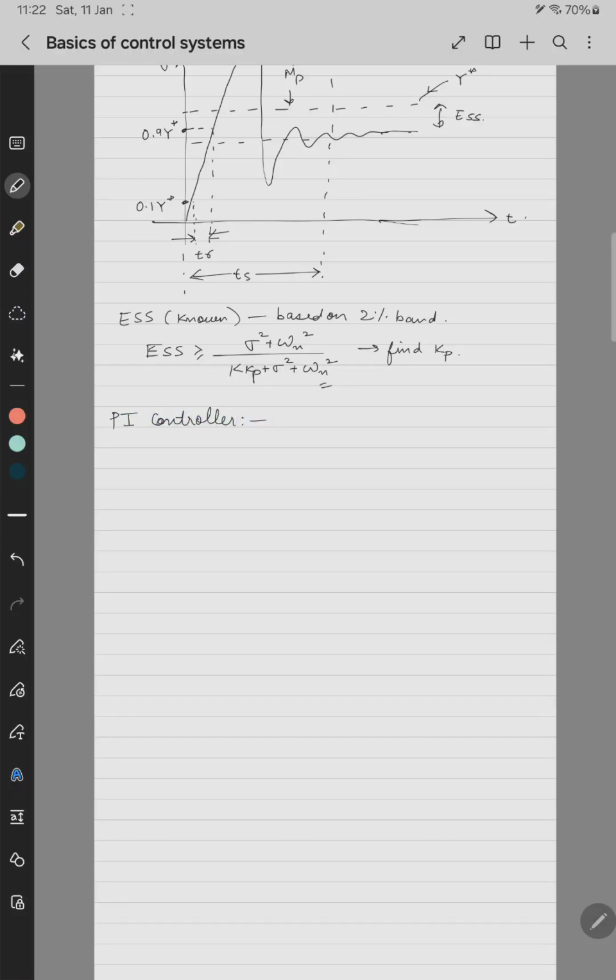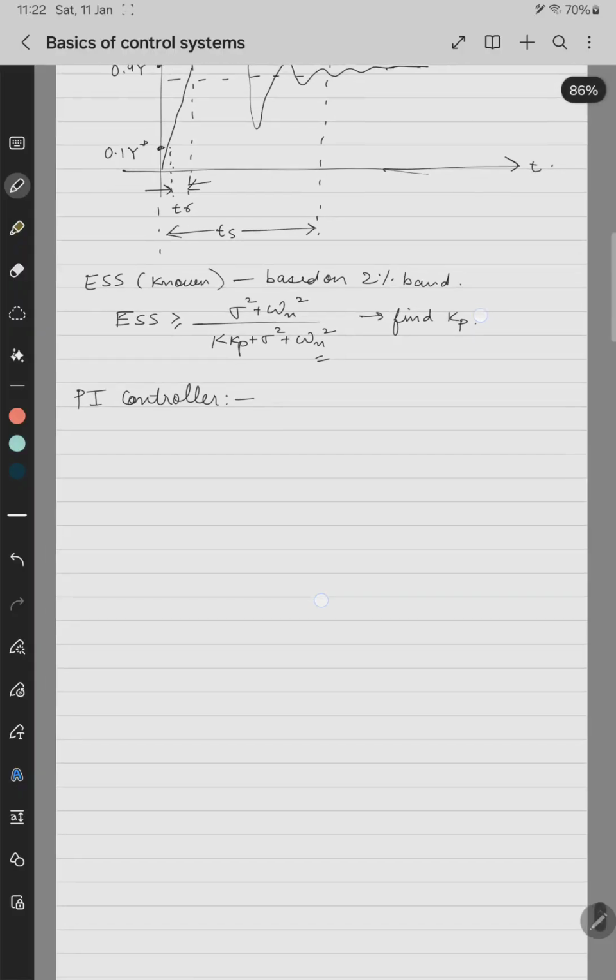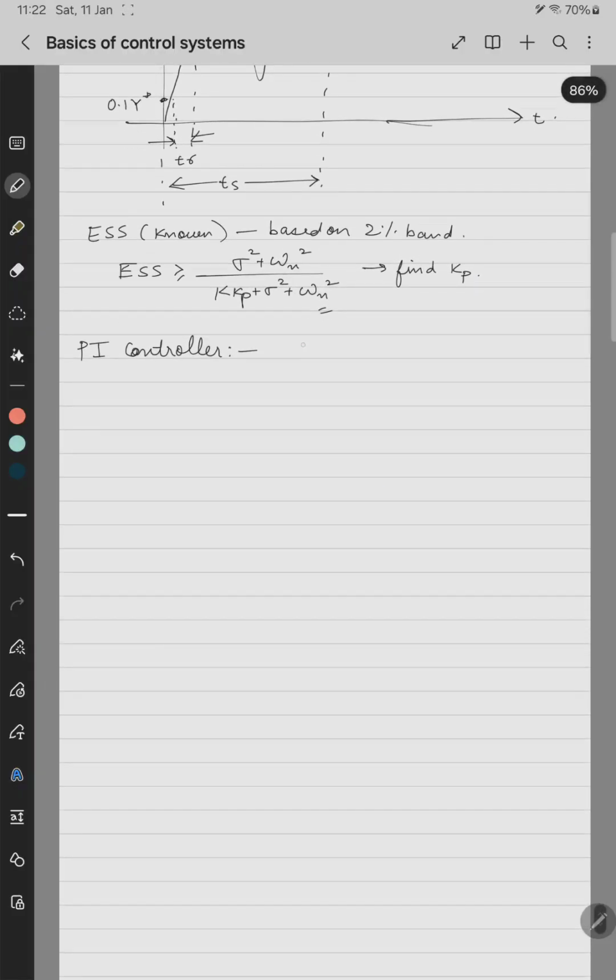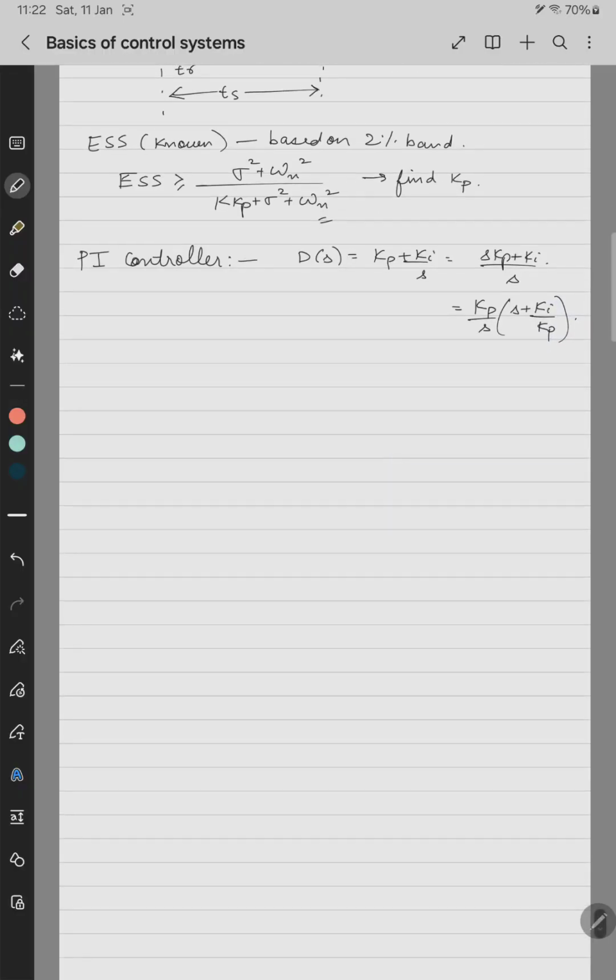I'll again write it, and we'll just modify it. So D of S will be Kp plus Ki by S, or Kp by S into S plus Ki by Kp. This is the preferable form.